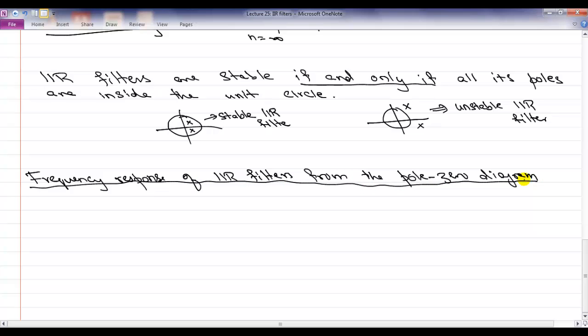In IIR filters now we have to ask what is the meaning of poles in relation to our frequency response. So we already know the effects of zeros on the frequency response.